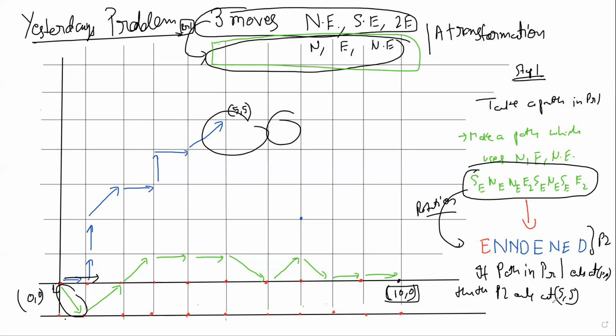That is not difficult to show. Just try to show this, but you do have to show this. It looks obvious. It should have happened. That's why we did these moves, but you have to still show, right? That if any path ends at 10,0, then the converted path will end at 5,5. It is not completely trivial because you have 3 kinds of moves.